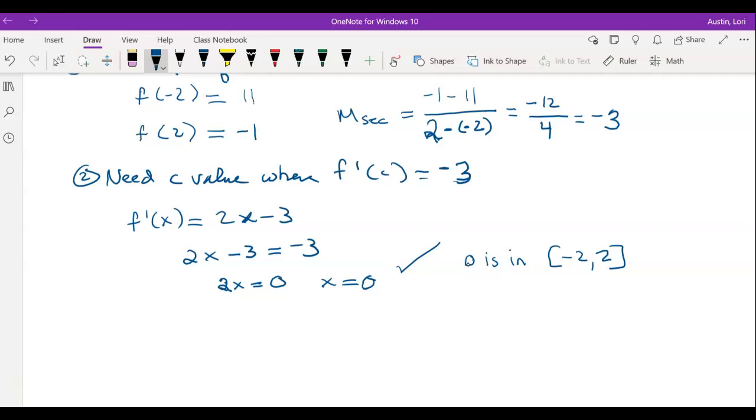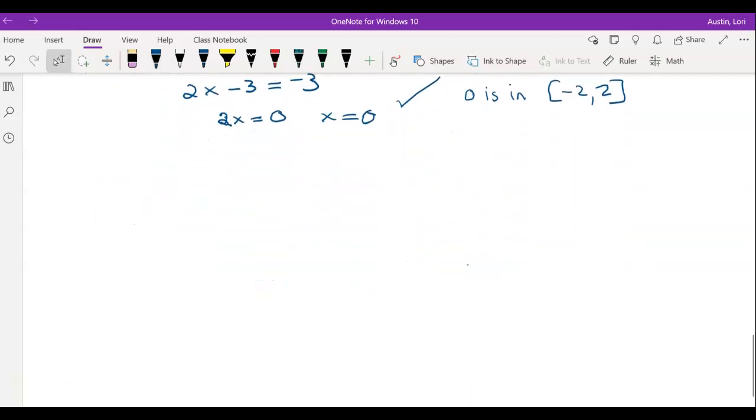A quick silly example of the mean value theorem. Ready? You're at rest. You're driving your car.